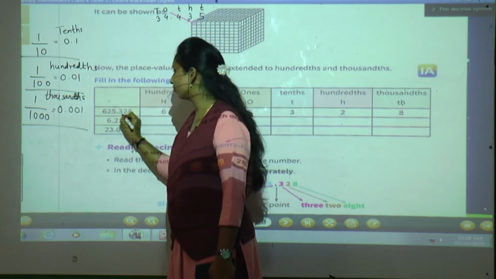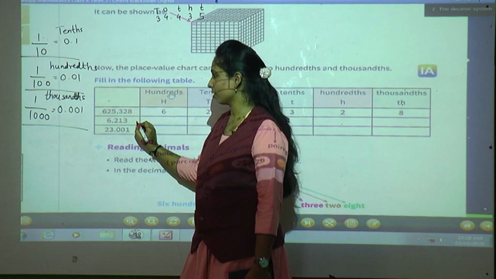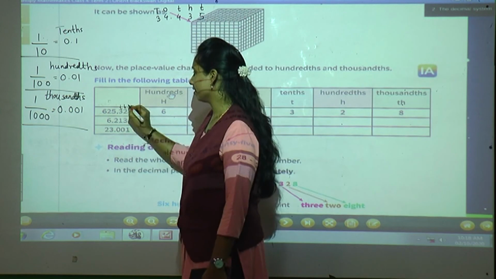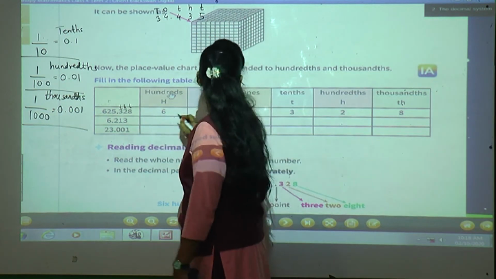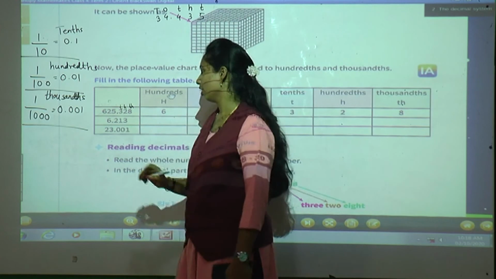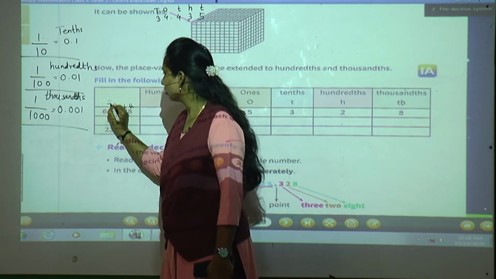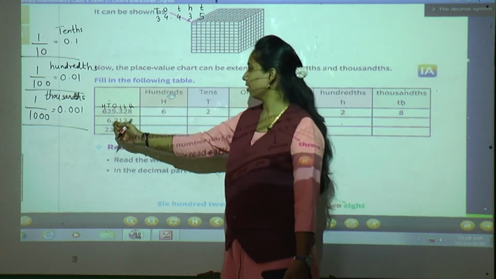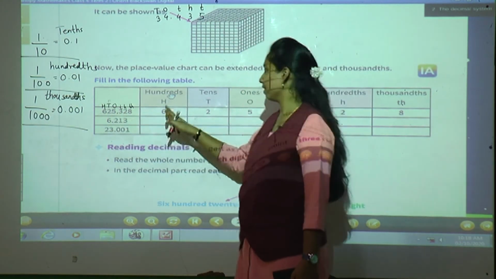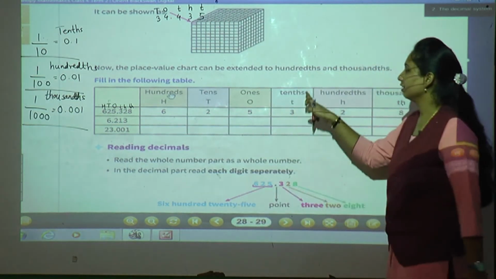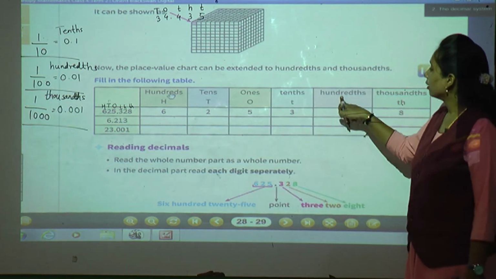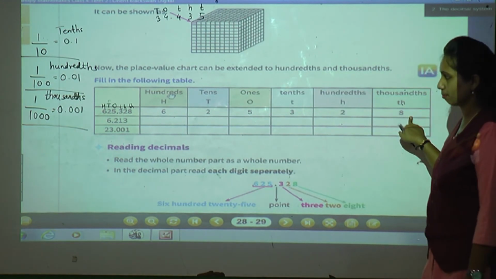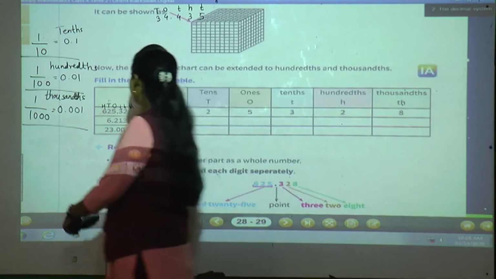After the point come the decimal digits, and the place values are tenths, hundredths and thousandths, and these are capital ones, tens and hundreds. They have placed 625, and 3 on the tenths place, 2 on the hundredths place and 8 on the thousandths place.